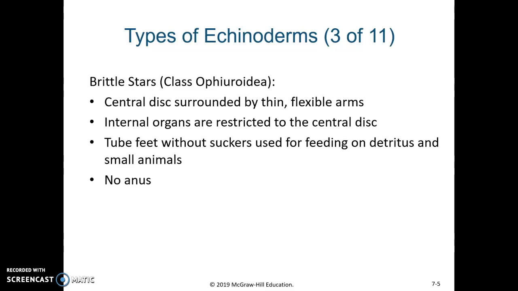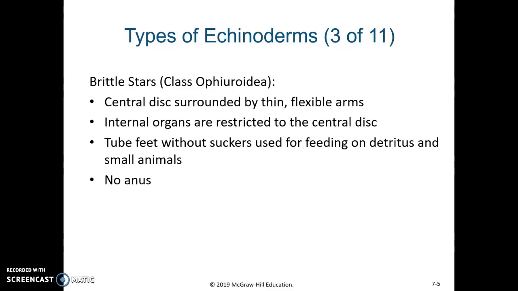And their arms consist of ossicles. So here are their ossicles, and their ossicles can move. Their internal organs, however, do not extend down into those arms in the same way that we just saw in the sea stars. Their internal organs are all restricted to the central disc, and their arms are really just used for locomotion.